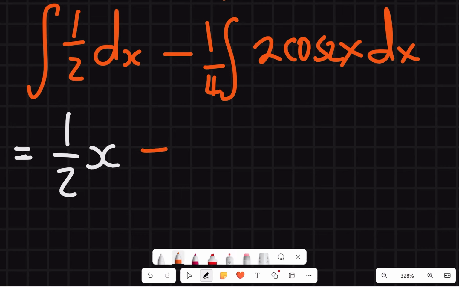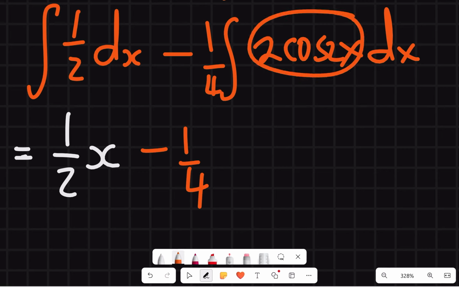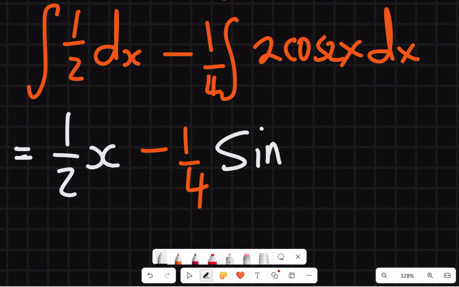And then I have minus 1 over 4. Obviously, the integral of this is sine 2x. Not dx, sorry. Sine 2x plus c.